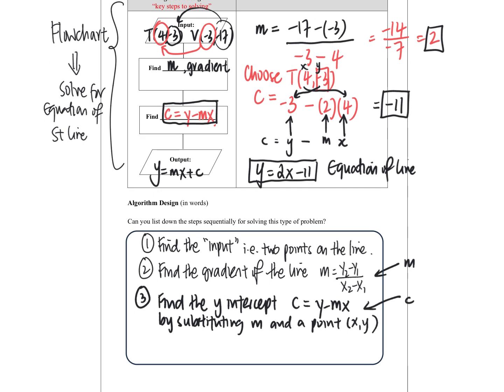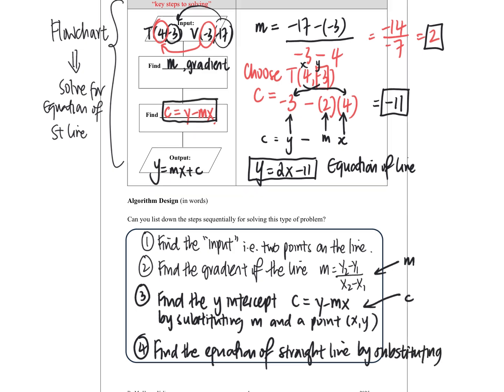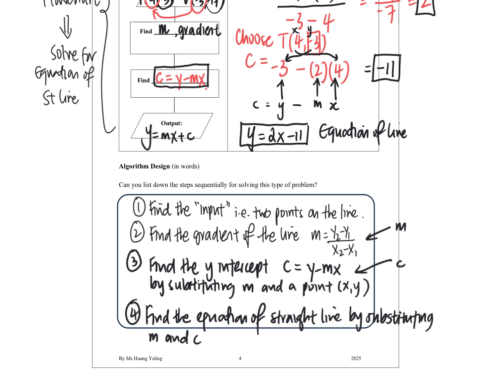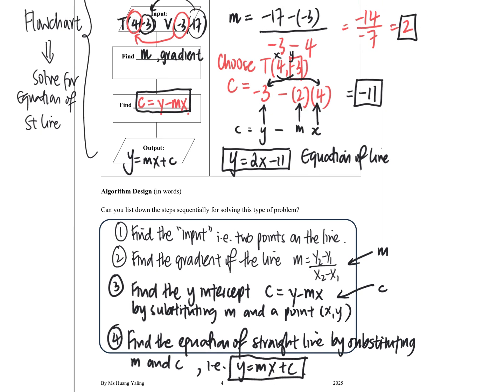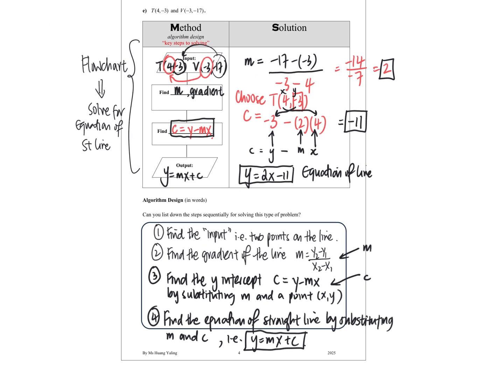So the final step, we find the equation of the straight line by substituting m and c to find y equals mx plus c. So in words, these are the 4 steps that you perform in a flow chart. It is that flow chart that you see there. Either way, it is just a series of steps to help you solve the problem.